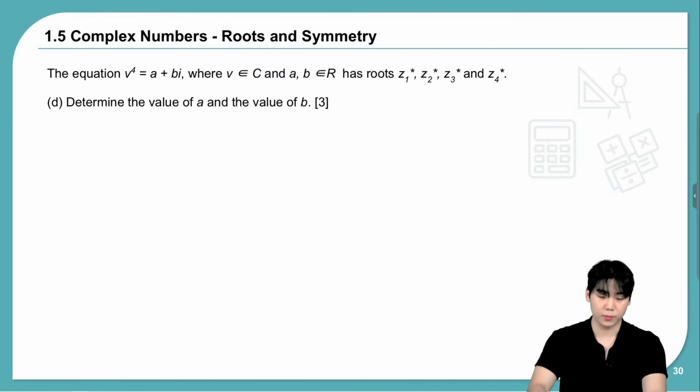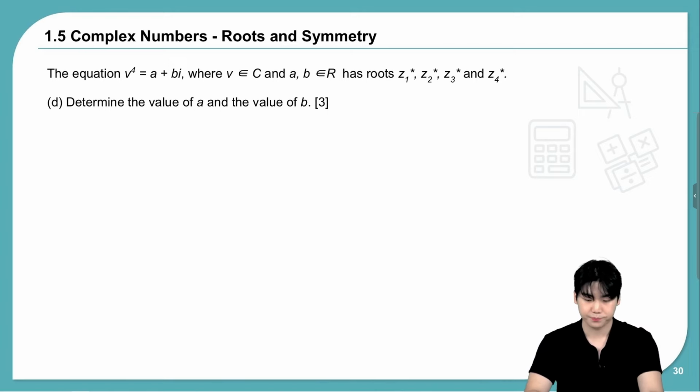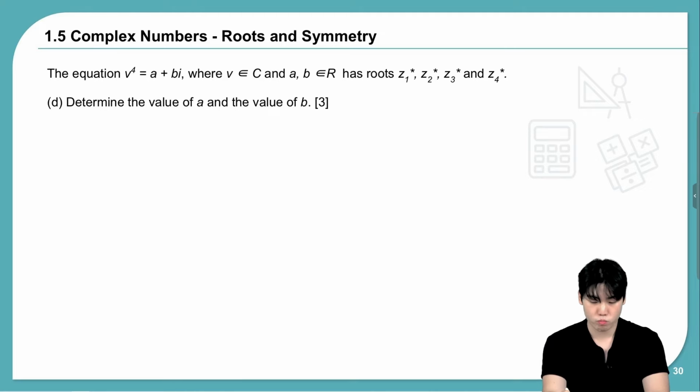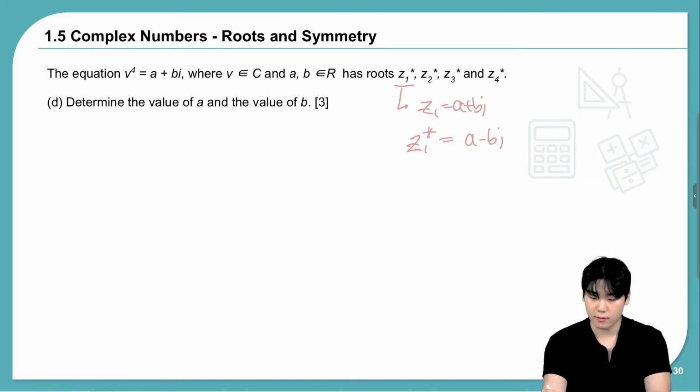We're told that v to the power 4 is a plus bi, and the roots are z1, the conjugate of z1, or the conjugate of z2. So that basically means z1 star, given z1 to be a plus bi, z1 star, the conjugate, is a minus bi, right? So that means I can rewrite v to the power 4 as z1 star multiplied by z2 star, z3 star, z4 star.